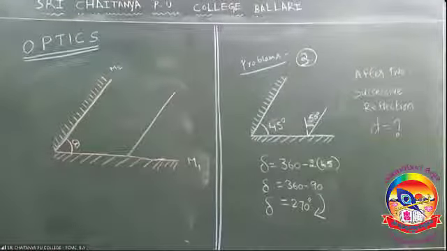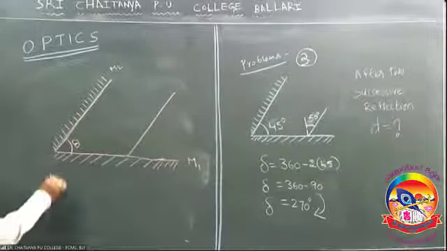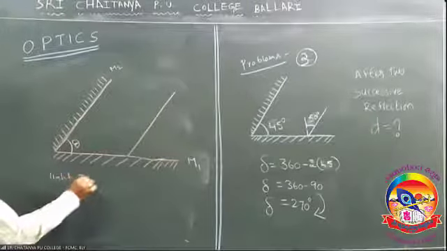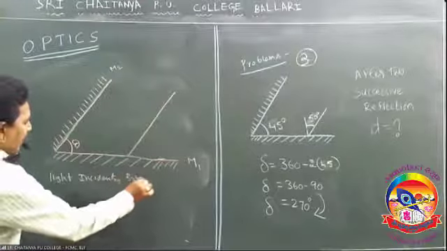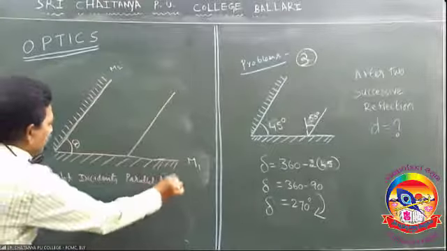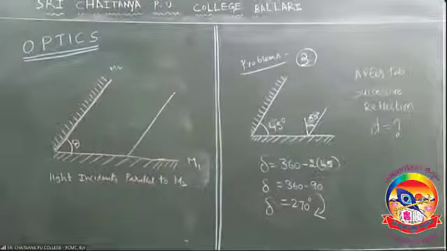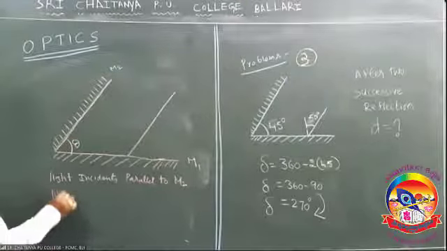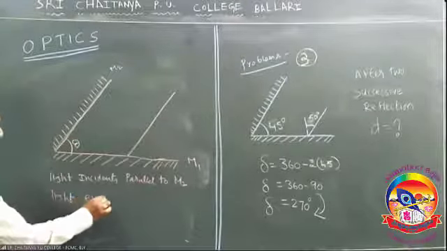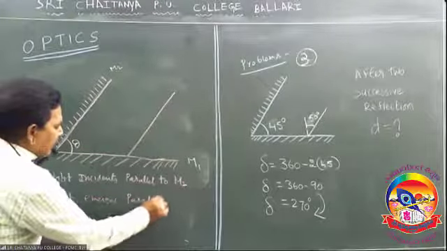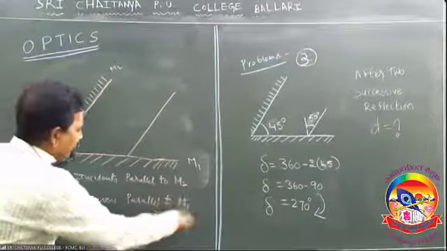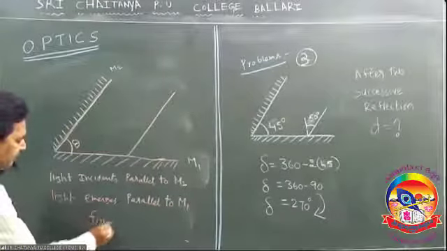After two reflections, the light ray emerges parallel to M1. Find theta.